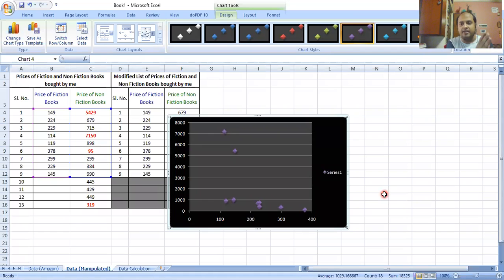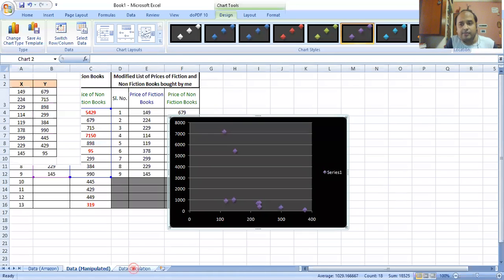So with a proper example from my personal experience, I have tried to make you understand what a scatter diagram is and what its utilization is. Before you study correlation, you have to understand the nature of the scatter diagram.